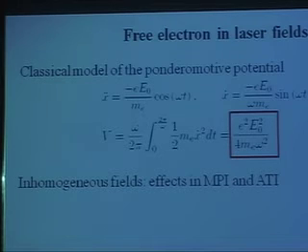Also, if you do multi-photon ionization, you can see in certain settings that as the laser pulse turns on, the Ponderomotive shift might tune a Rydberg state through a resonance, and you would see a corresponding enhancement of the multi-photon ionization rate. So all these things have been seen in the past.